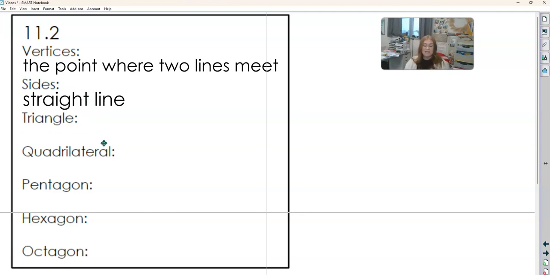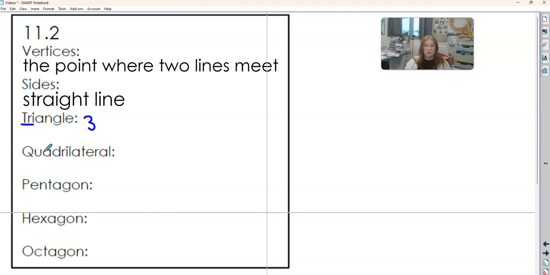They can be called different things. So when they have straight lines and they're closed, we have a polygon. And then from there, we can say, yes, it's a polygon, but it's also a triangle. So a triangle, I think we know, has three sides. This word here, tri, means three. Like a tricycle has three wheels. We have trimesters at school, right?